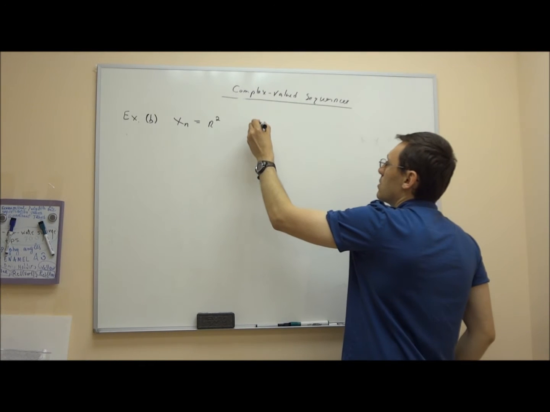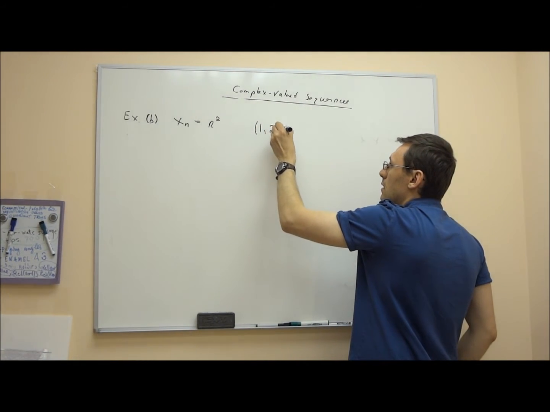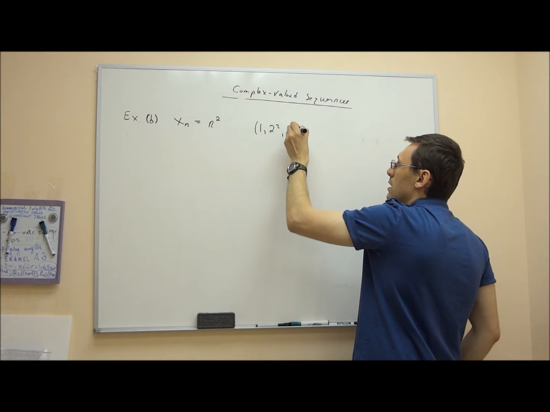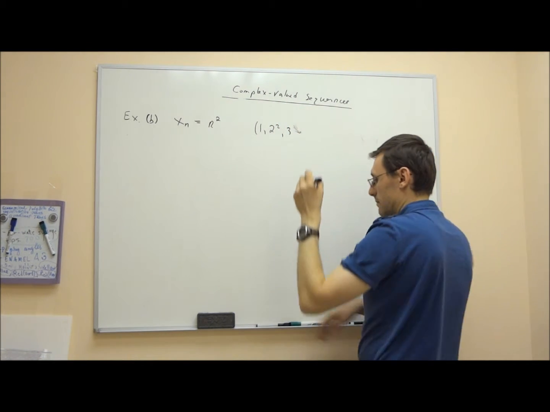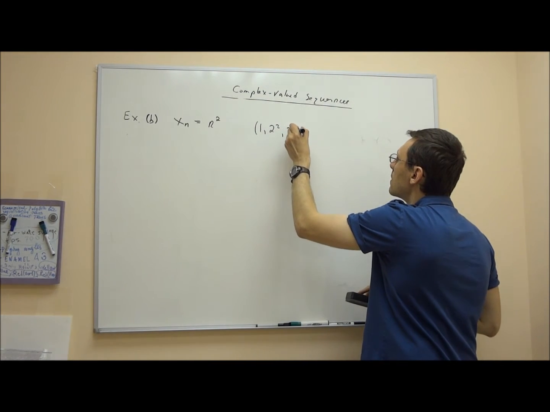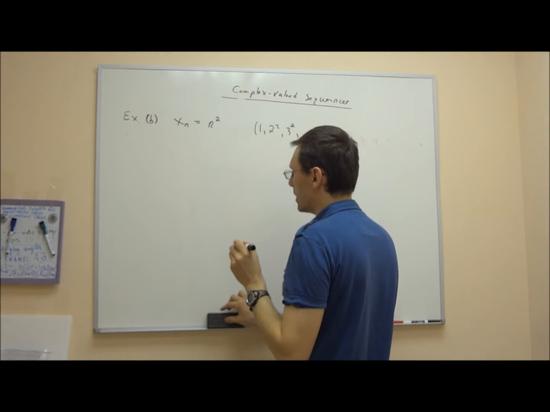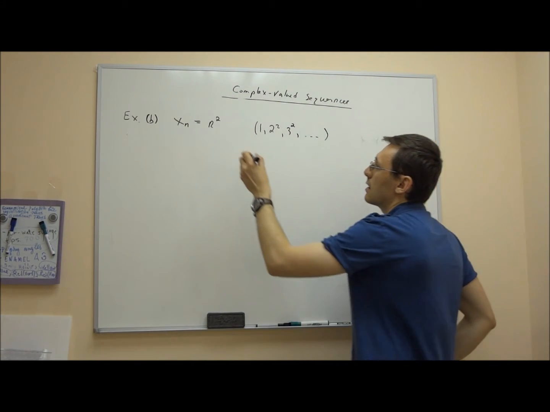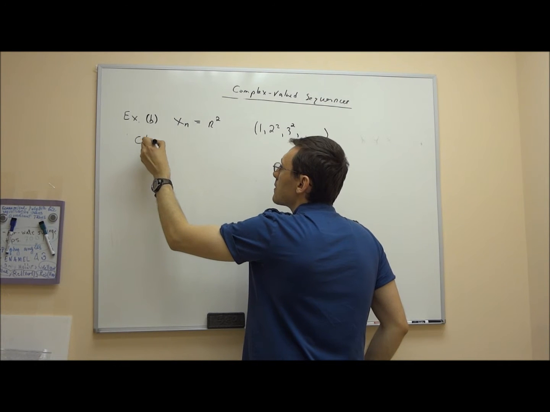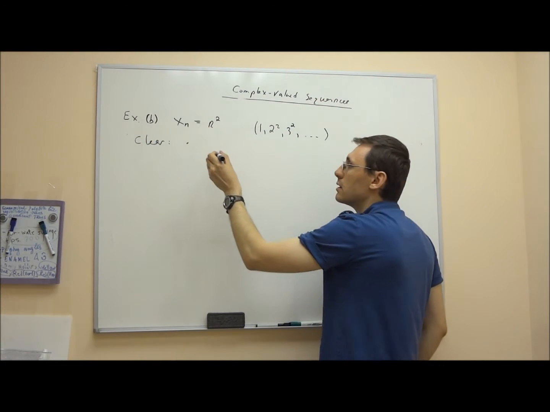So the sequence can also be written as 1, 2 squared, 3 squared, etc. So looking at the sequence, it is clear that it is unbounded.